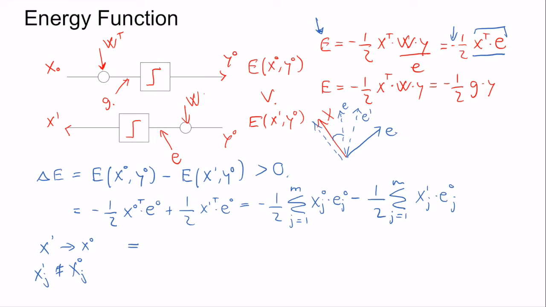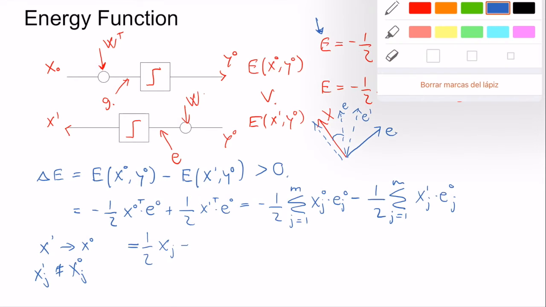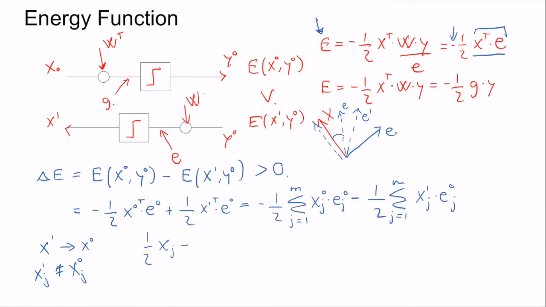So we'll have minus 1/2 of xj at 0 minus xj at 1 times the element in that excitation vector.